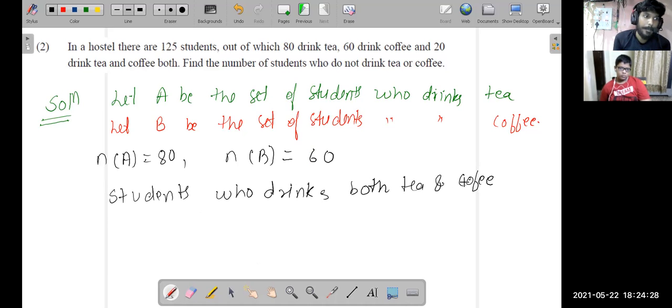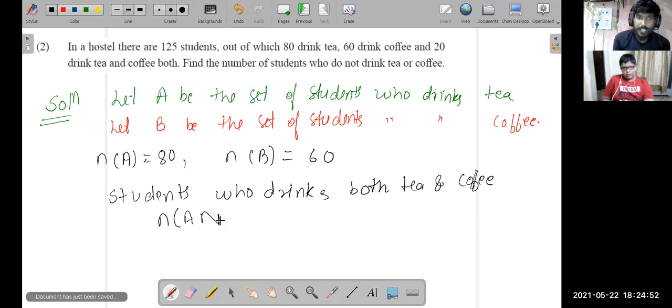So this would be, what would this be? n of what? How would that look in terms of set notation? Students who drink both tea and coffee: A intersection B. This is given as how much? 20. Correct? Yes, sir.